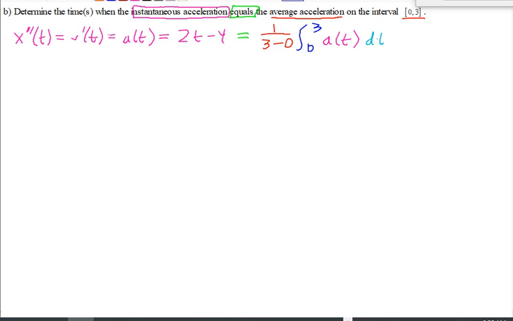Again, you could put the acceleration function we have in here, 2t minus 4, and integrate it. Or you could just realize that when you integrate acceleration, you just get back velocity. And then that's just going to be evaluated from 0 to 3. So you have 1/3, and it's going to be v of 3 minus v of 0.